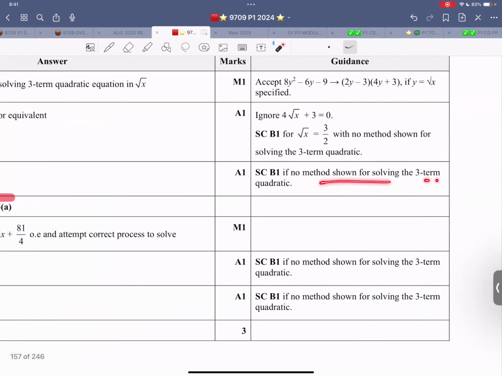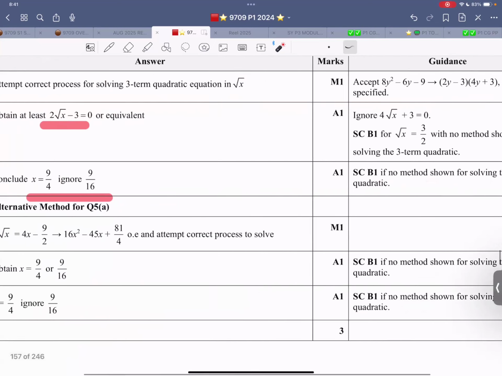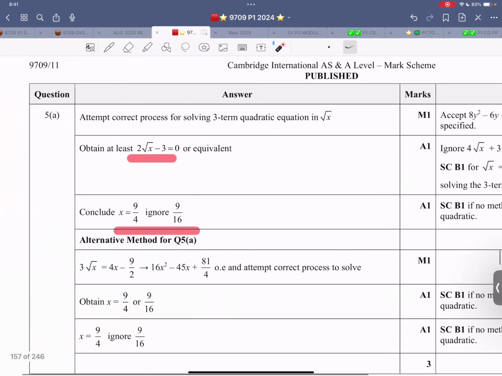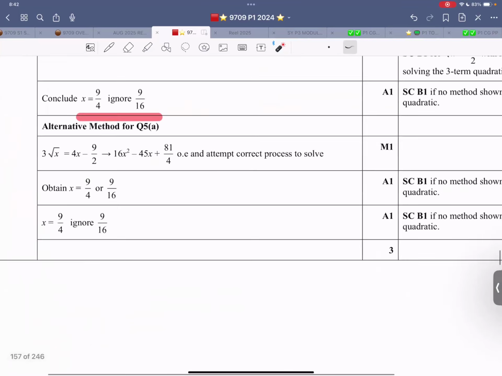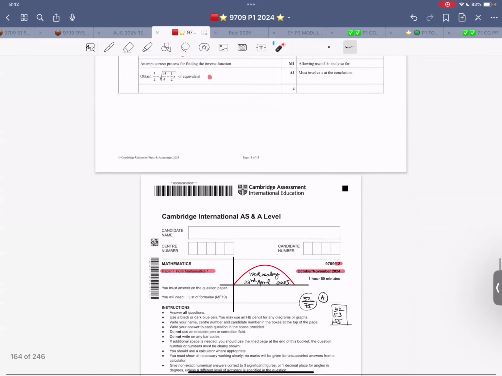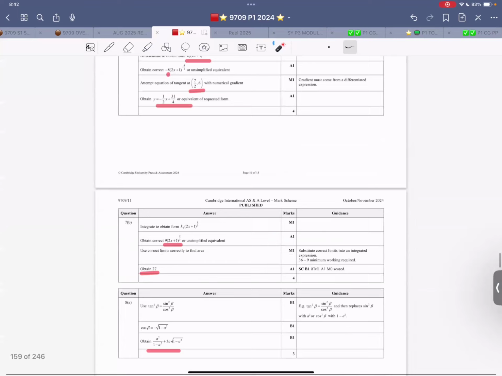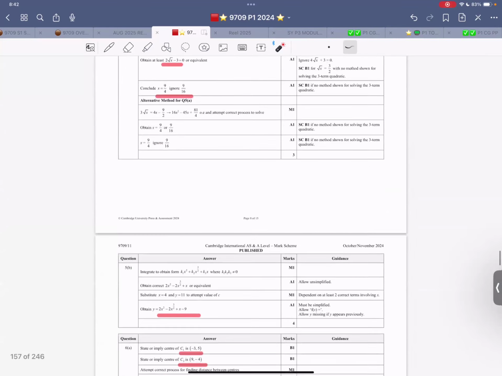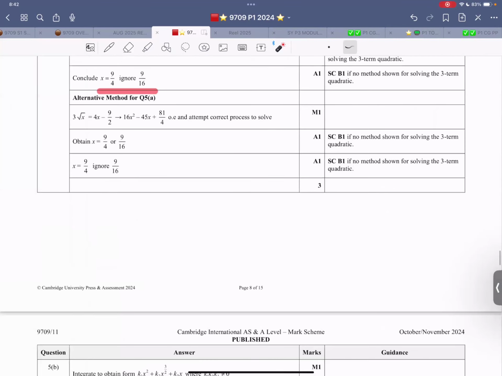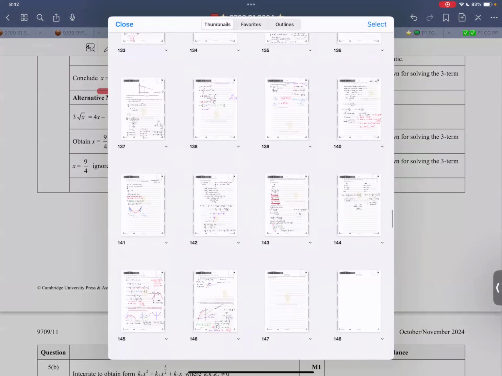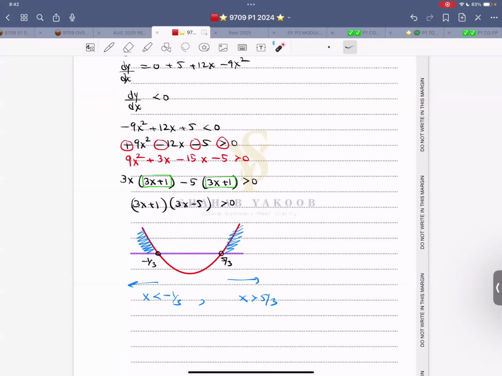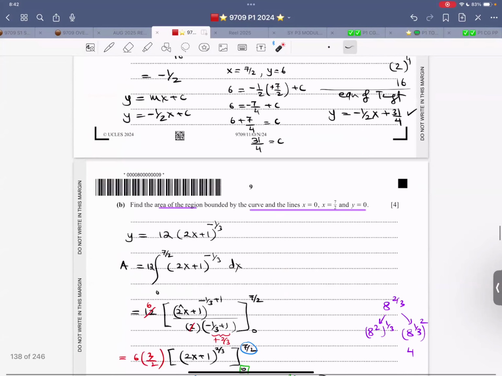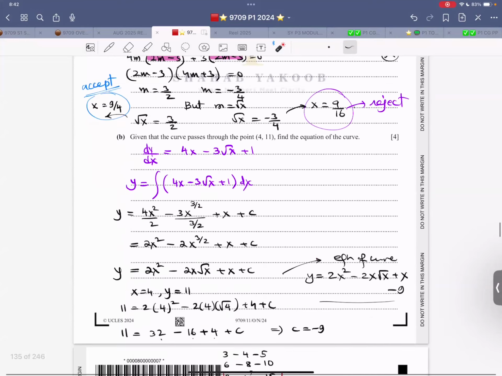No method for solving three-term quadratic. No method. They did not specify it very much. Let me see if the examiner report is not here. So this I have to look, because as such there seems to be no rationale for ignoring this as such. So that was question number 5, I think.